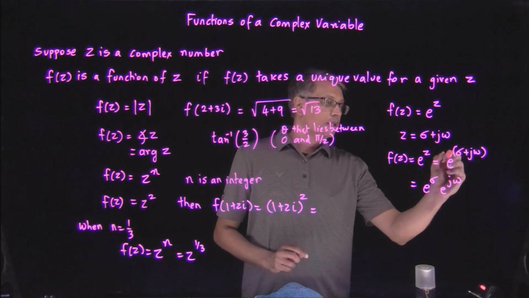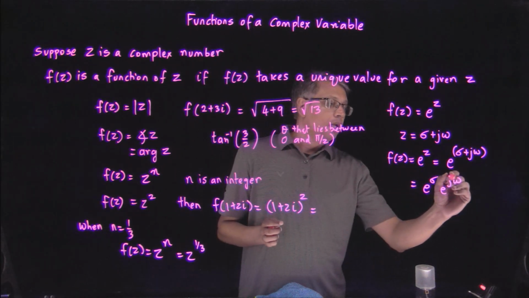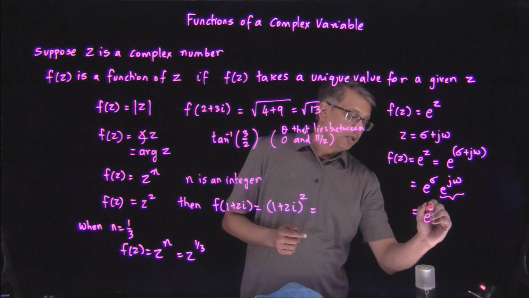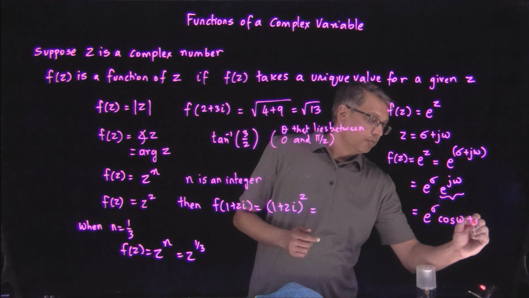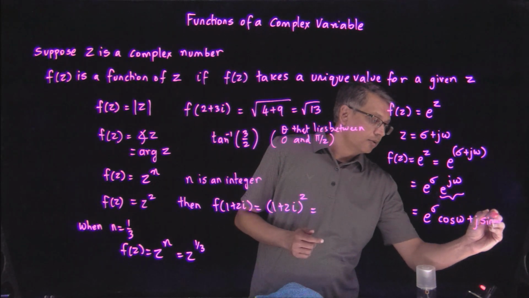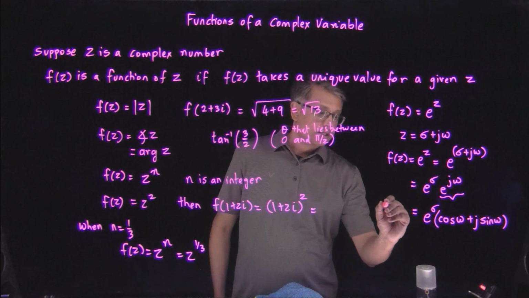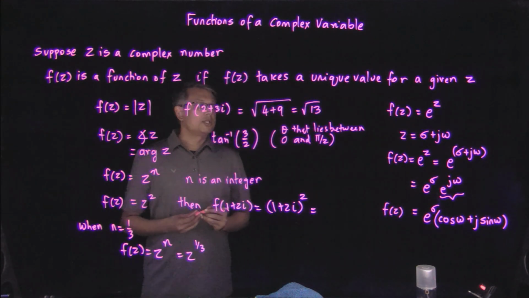Now, sigma is a real number, so e to the sigma is some real number. And e to the j omega, we can interpret using Euler's formula and write that as cosine omega plus j times sine omega. So f of z in this case would then be e to the sigma times cosine omega plus j sine omega.